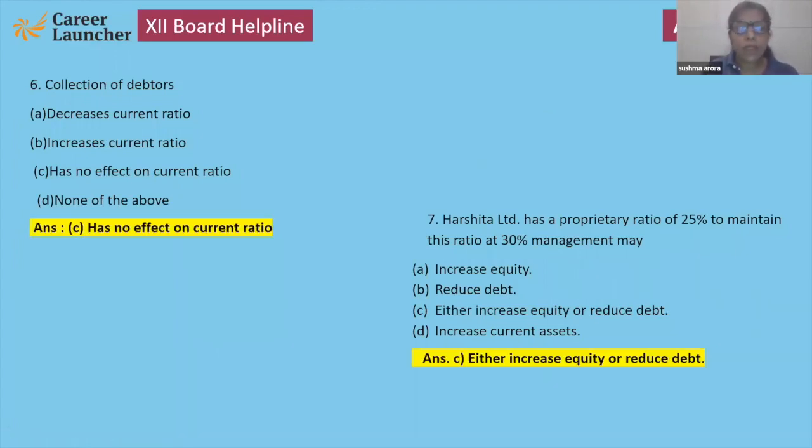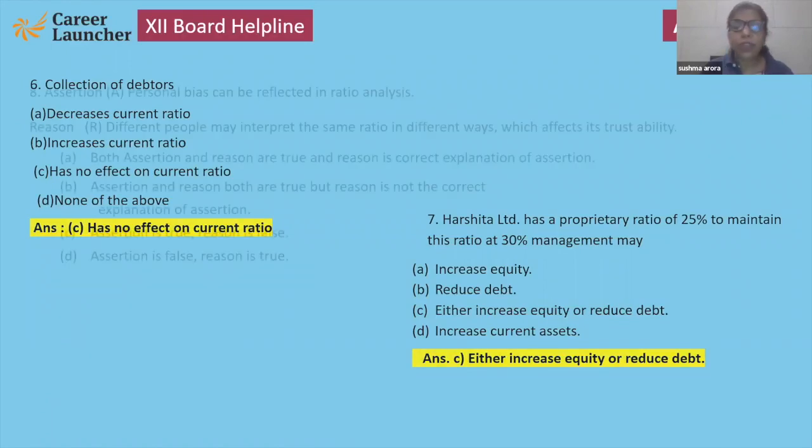Next question. Please note down the answers. Collection of debtors, no effect on current ratio. And Harshita Limited has a proprietary ratio of 25% and they want to maintain it at 30%. So they either increase the equity or reduce the debt.